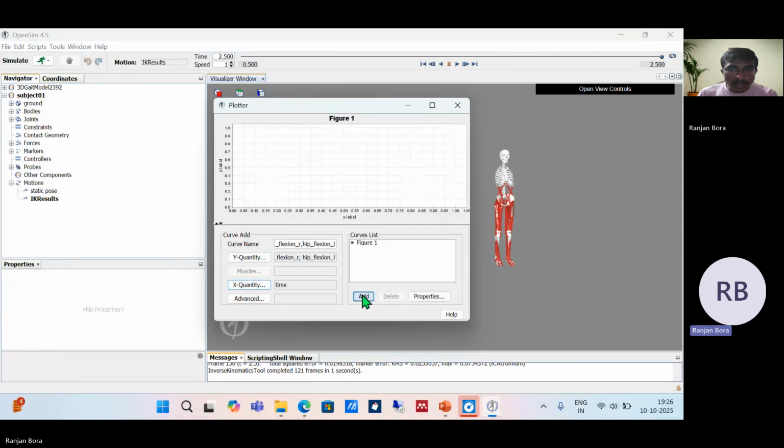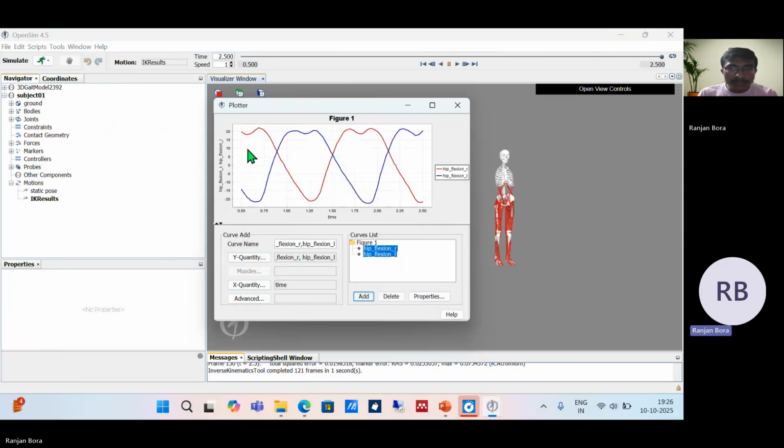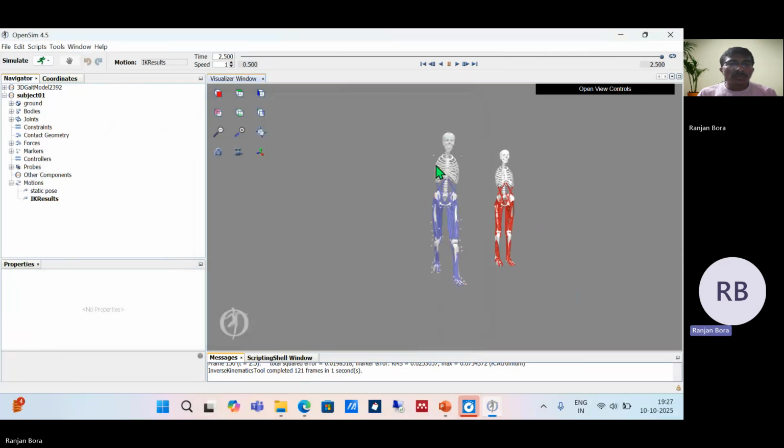Okay, so you can see this red color is the hip flexion angle with respect to time for the right hip joint, and the blue colored one is the hip flexion angle with respect to time for the left hip joint. So likewise, we can plot different joint angles with respect to time for this gait cycle.